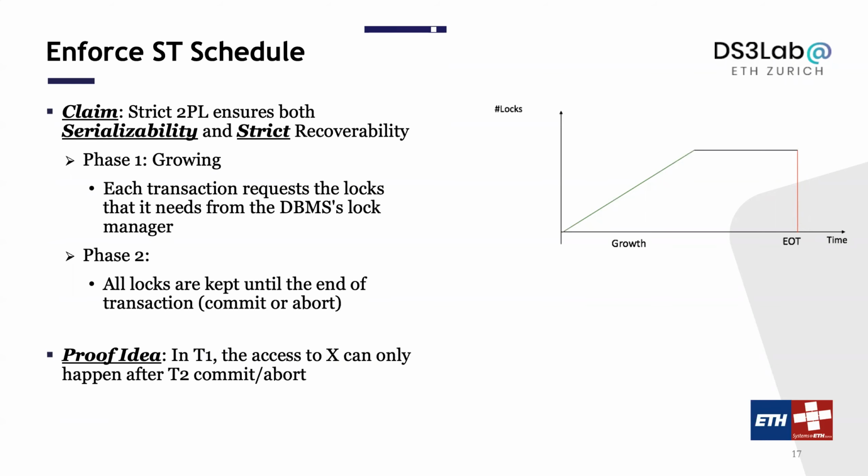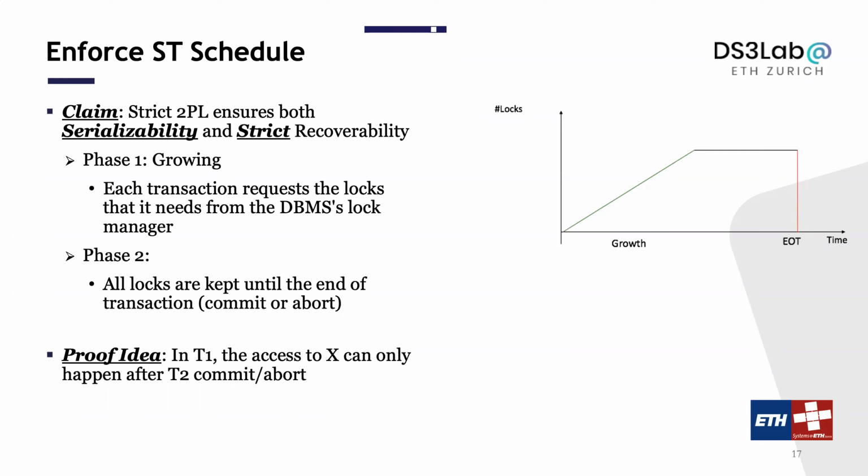So how can we prove that? We are not going to go through the proof, but the high-level idea is simple. For example, you have T1 and T2, and T1 wants to read from T2 or overwrite T2. In that case, because T2 is holding the lock until the very end, the access from T1 must happen after T2 releases the lock.